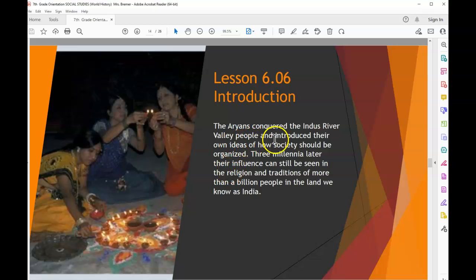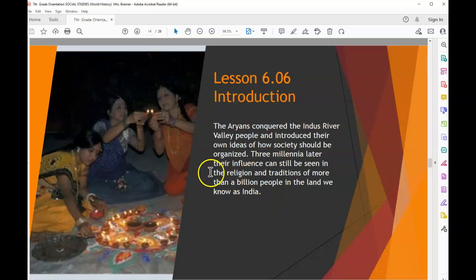All right, so the Aryans conquered the Indus River Valley people and introduced their own ideas of how society should be organized. Three millennia, meaning 3,000 years later, their influence can still be seen in the religion and traditions of more than 1 billion people in the land we know as India.